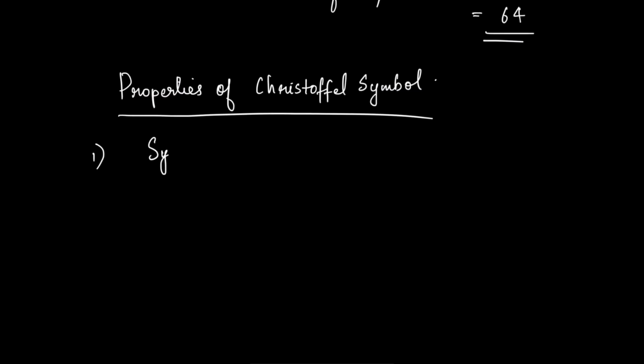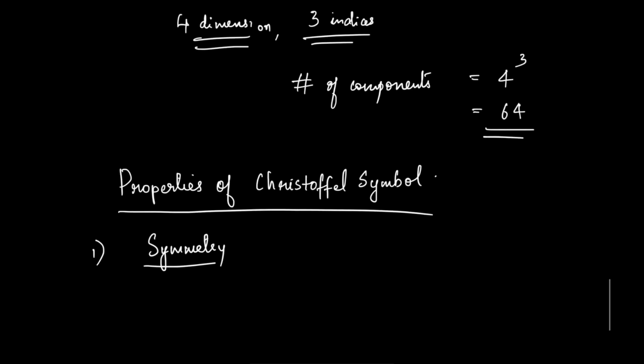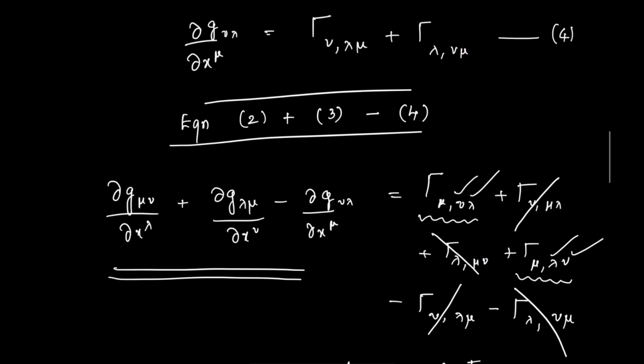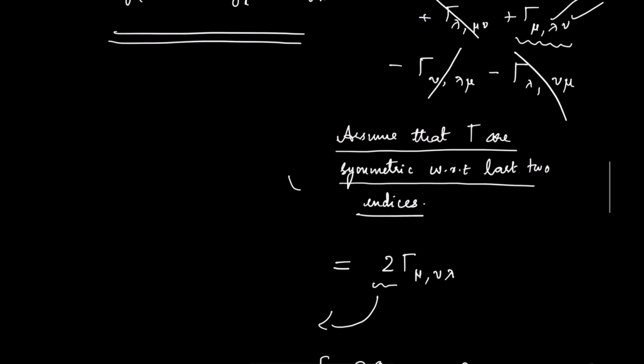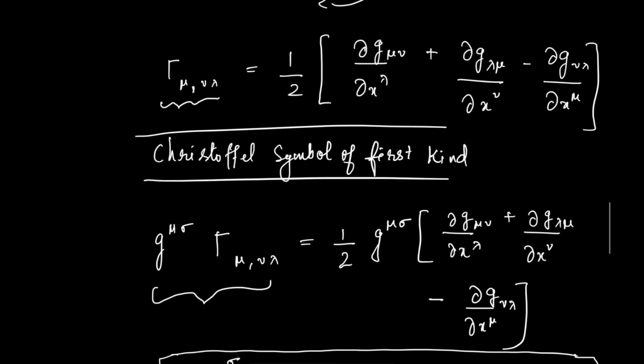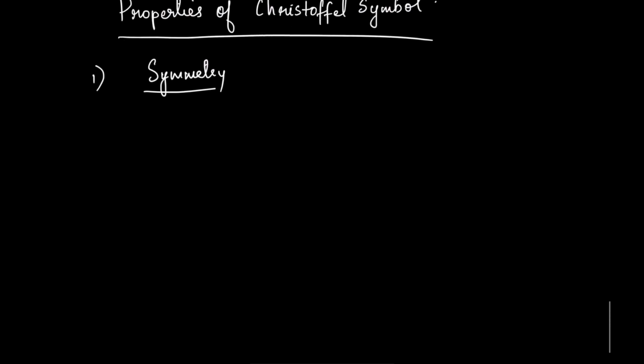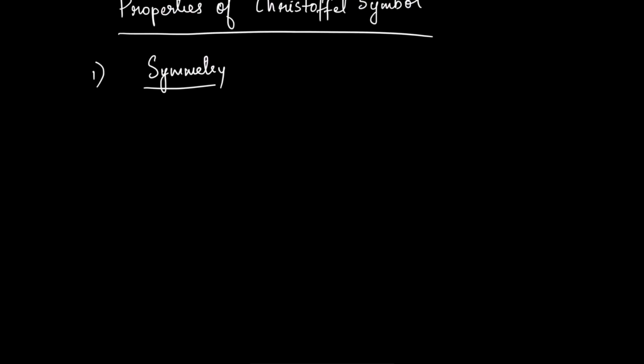First one is the symmetry property. Okay, so here we have assumed that Christoffel symbol are symmetric with respect to last 2 indices. Now we have to check whether the Christoffel symbol is symmetric or not.